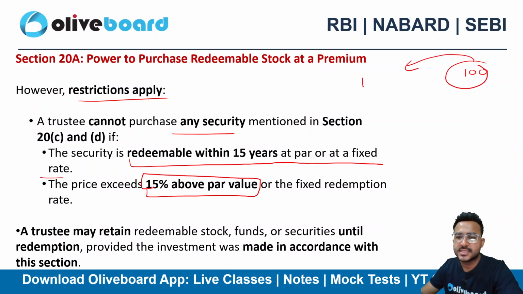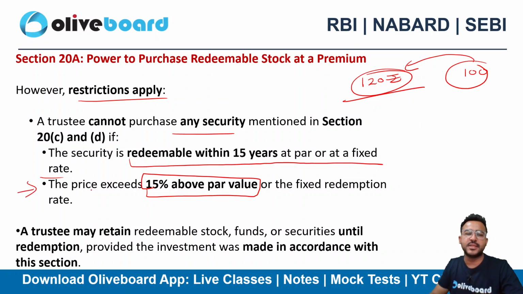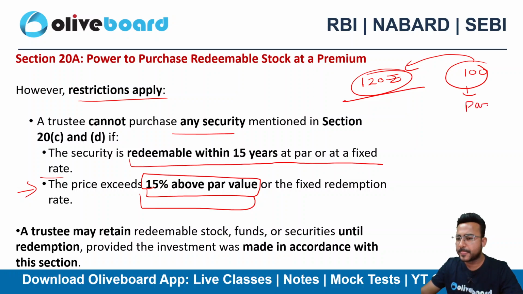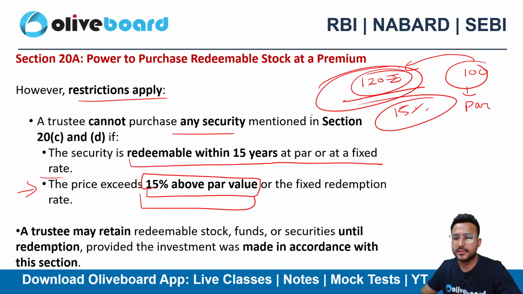Now, if the price is 120 rupees, then I cannot buy it. Why? Because it's violating my second condition: the price exceeds 15% of the par value. That's an issue. There should be some amount of regulation, otherwise the trustee will start buying very expensive things. There can be manipulations in it, right?